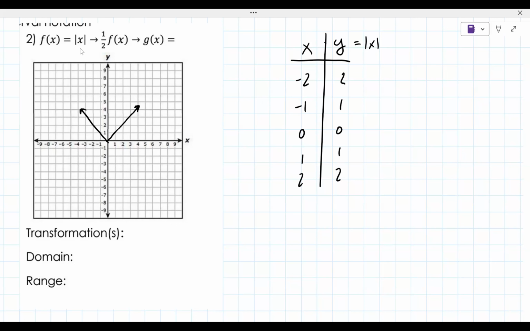Well, we're not there yet. I'm just making sure you're okay with the parent function. And f of x equals absolute value of x? Yes. So g of x, it says take f of x. So f of x is absolute value of x, but then you multiply it by a half. Oh, got it. You just multiply what you get from the parent function by the half. Got it.